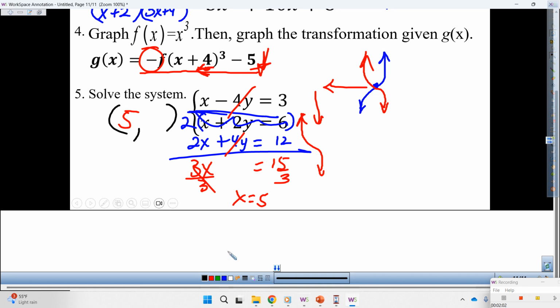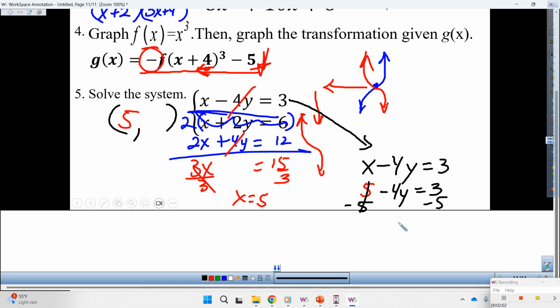Now we need a y value. I'll use the top one. We got x minus 4y equals 3. Instead of x, I'm going to substitute the 5. 5 minus 4y equals 3. Minus 5, minus 5. Negative 4y equals negative 2.